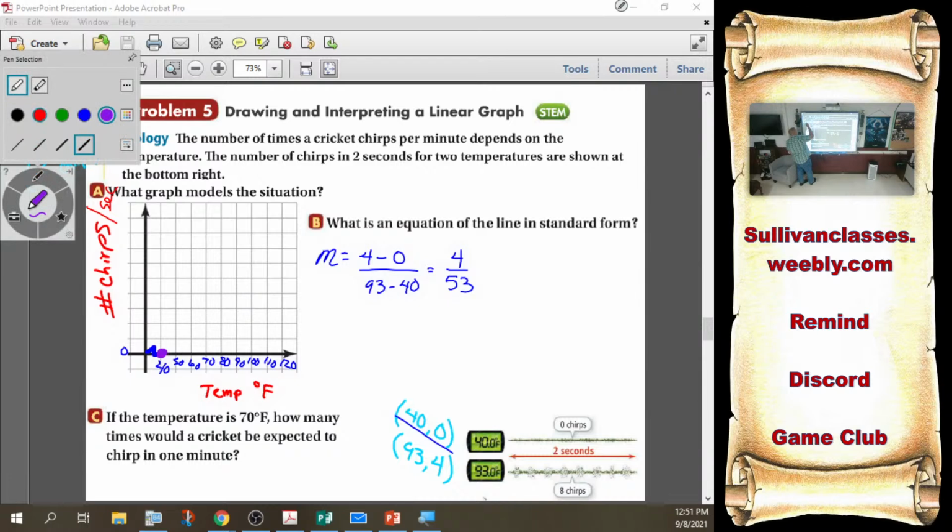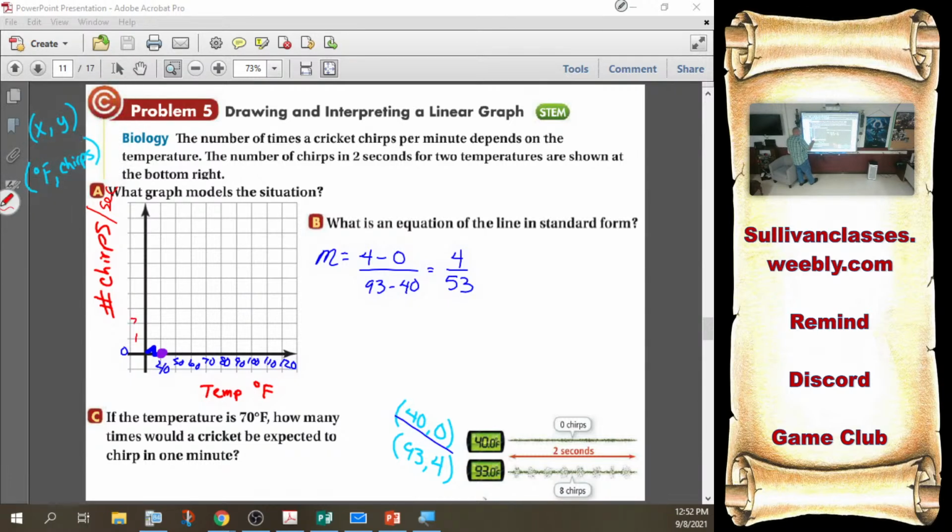Okay. 1, 2. Because now we can go up 4 over 53, so over to 93. Connect the dots, I got my graph. Okay.